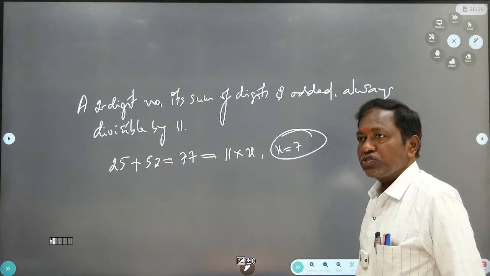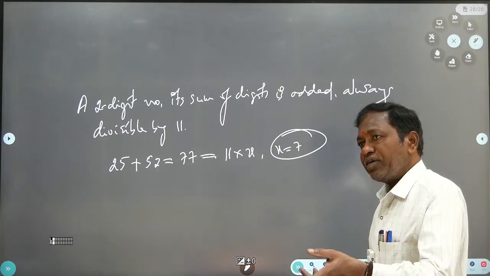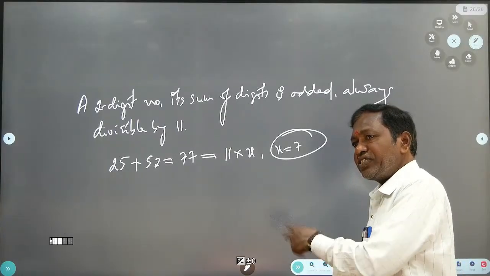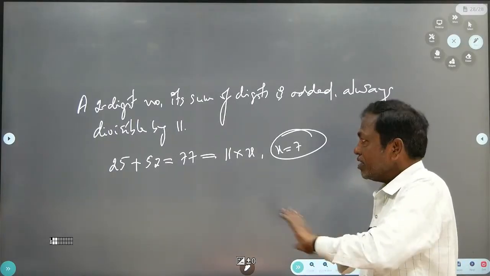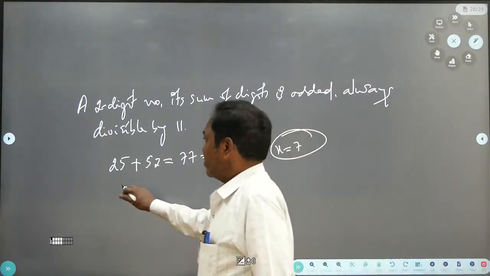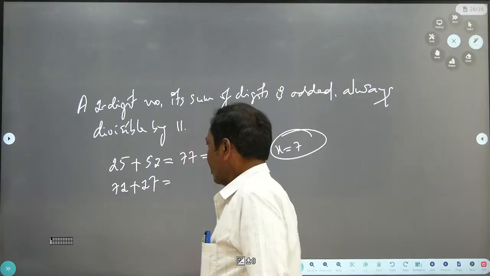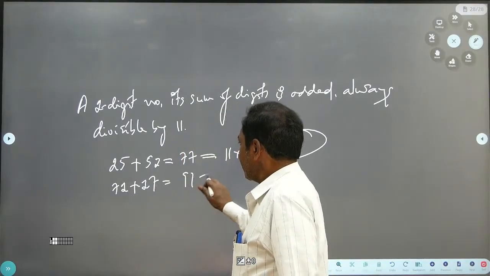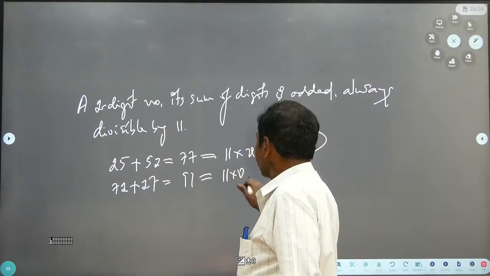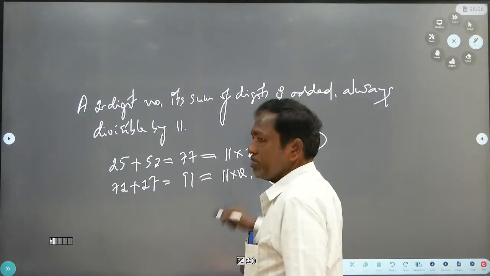These are the areas where questions are designed. Subtraction of digits from the 2-digit number is divisible by 9, addition is divisible by 11. Take any number of your choice. Say for example 72 plus 27 is 99, and that is 11 into x, so x equals 9.